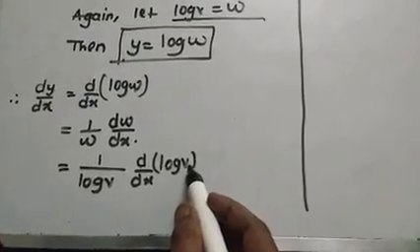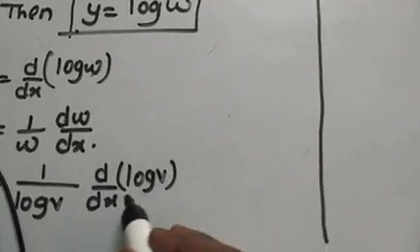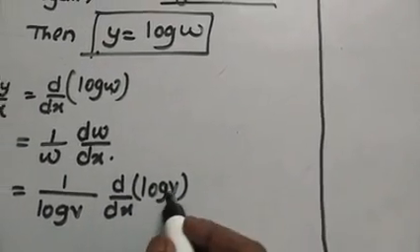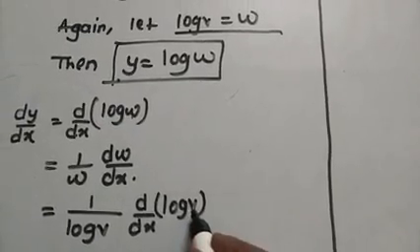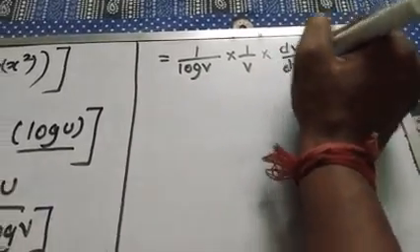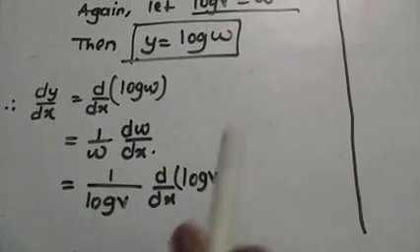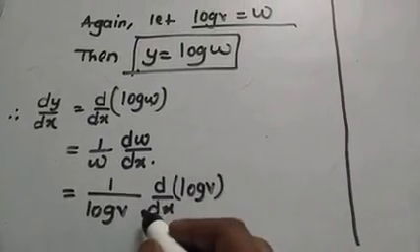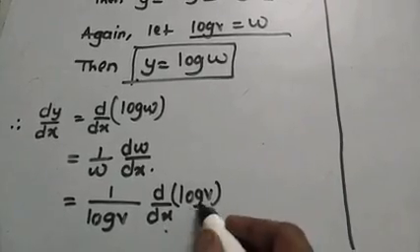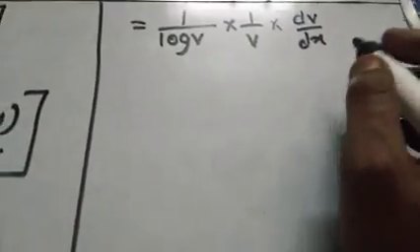So what we get, 1 by log of v, and here d dx of log v means 1 by v, but again this is v, this is x, these two are not same, so we'll further differentiate v with respect to x, that is dv by dx. Clear? So by chain rule dv by dx.